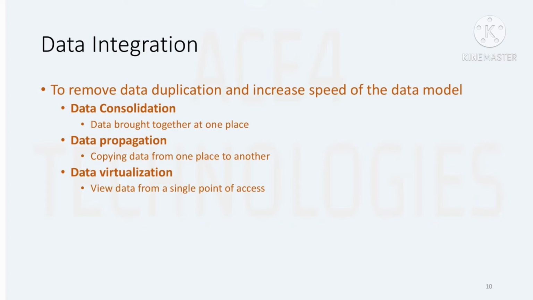The last one is data virtualization. Here, an interface is used to provide a real-time and unified view of data from multiple sources. The data can be viewed from a single point of access. That is, data virtualization integrates data from disparate sources without copying or moving the data, thus giving users a single virtual layer that spans multiple applications, formats, and physical locations.